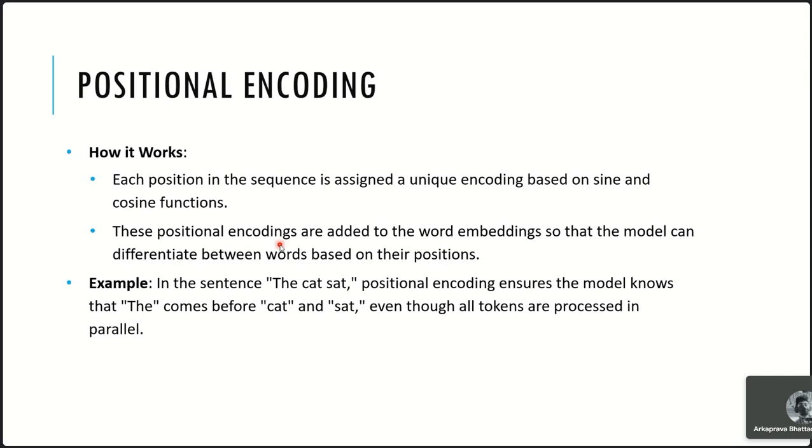Okay, so in the sentence, the cat sat, positional encoding ensures the model knows that the word the comes before cat and before sat. तो ऐसे I mean ये sequence कहाँ पे वो word आना चाहिए? That sequence में correct position of the word is given using positional encoding.